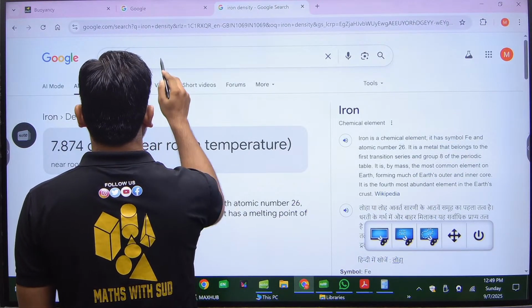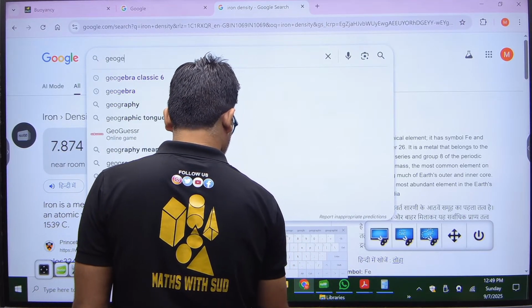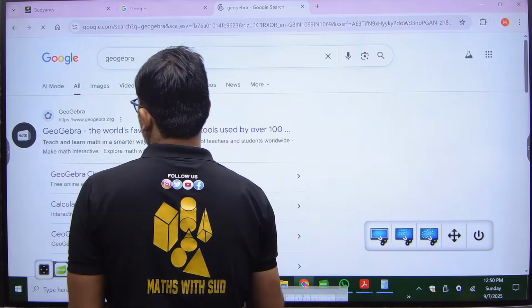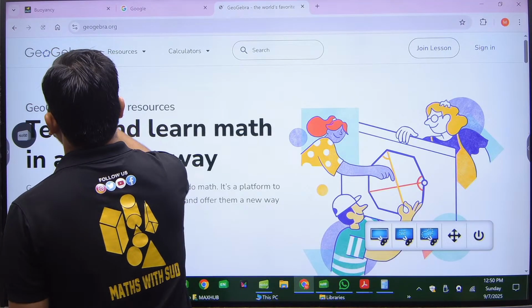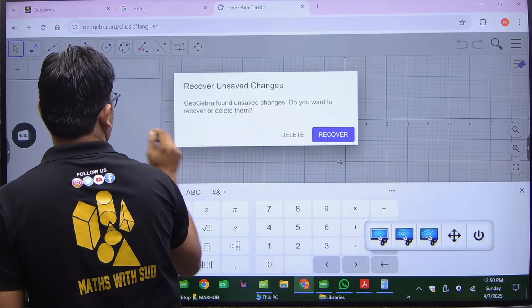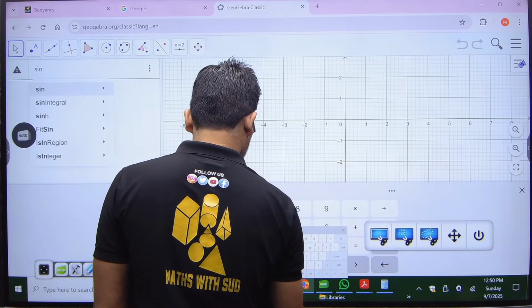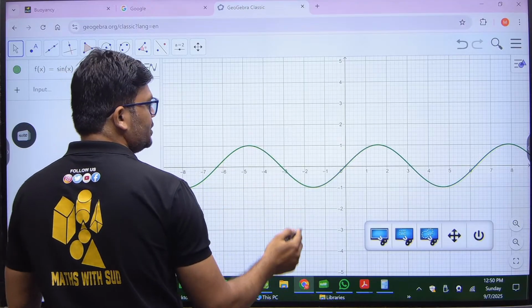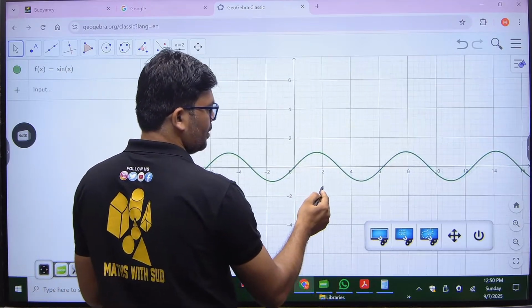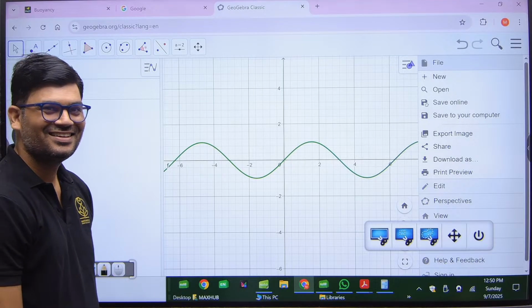This moves. So can you see this graph? Srimoy, look, it's your favorite physics waves. Sine waves.